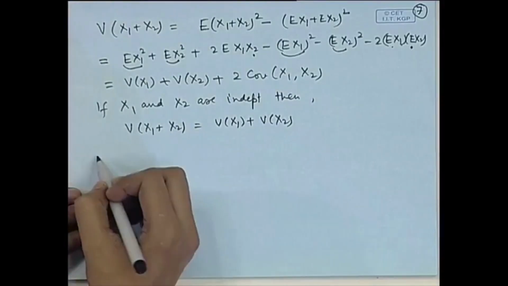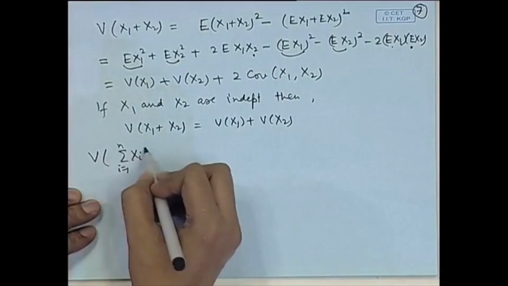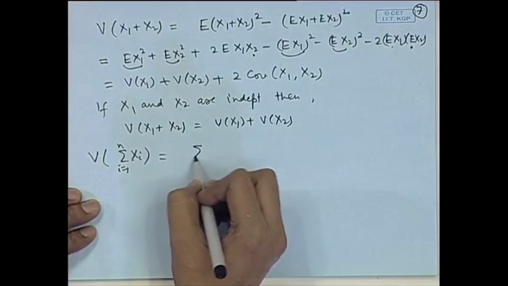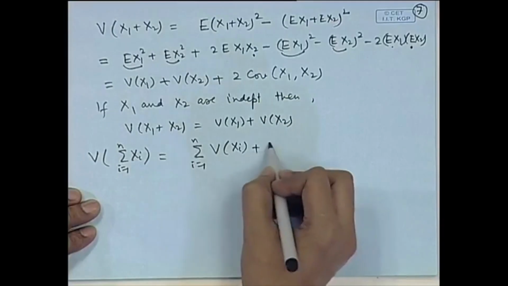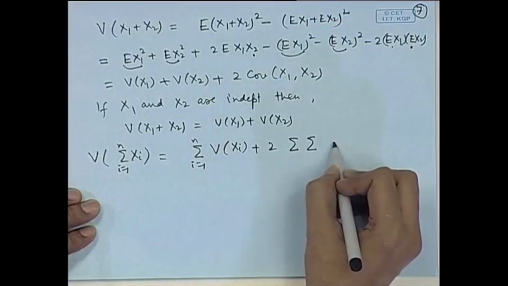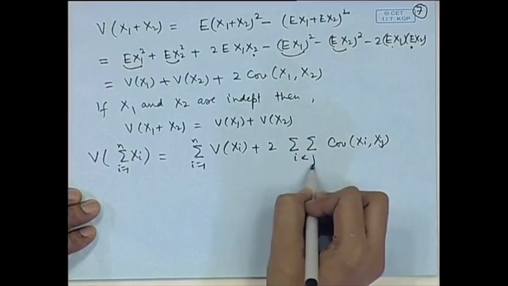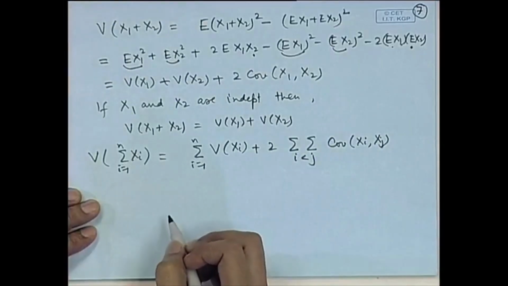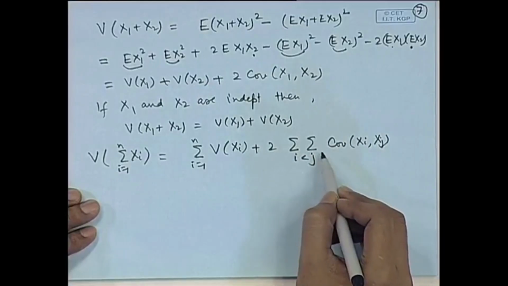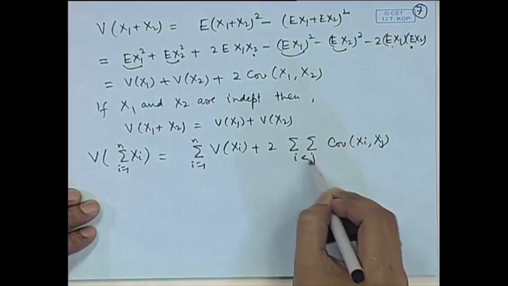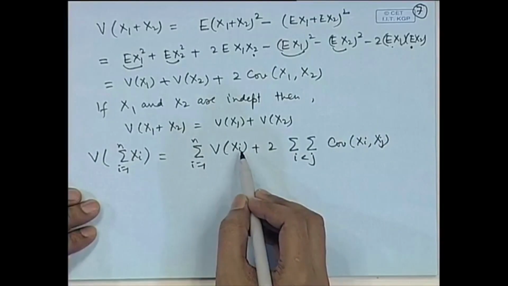So, we can generalize this result: variance of a summation is equal to the sum of the variances plus twice the double summation of covariances of x_i x_j, where i is less than j. Obviously, if the random variables x 1, x 2, ..., x n are independent, then these covariances will vanish and we will have the variance of the sum equal to the sum of the variances.